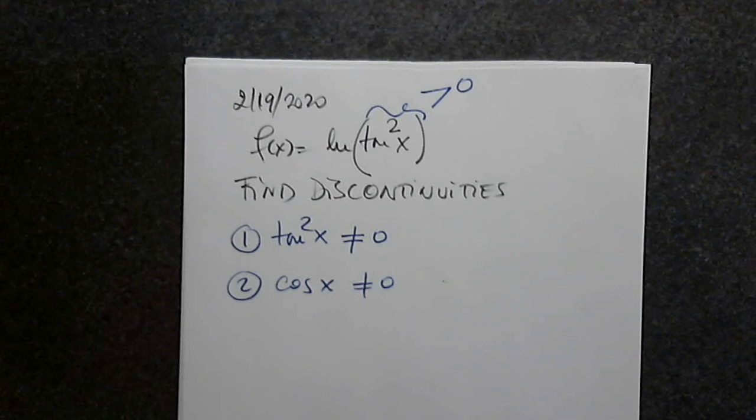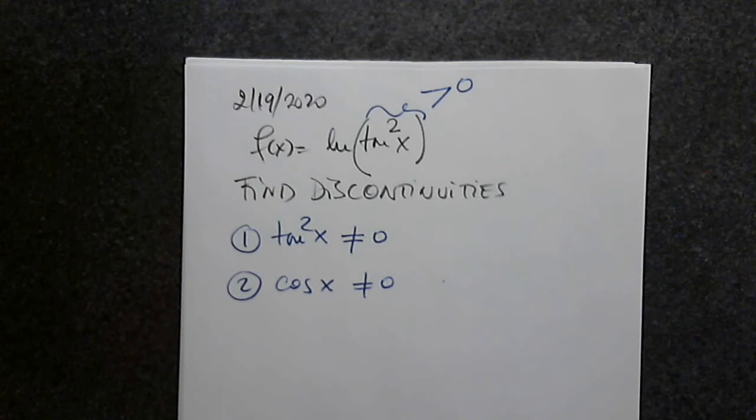So, first of all, I look at natural log, and I know that the quantity inside has to be a positive number. When I see tangent squared, I'm happy. But there is a problem, because tangent squared could be zero, number one. Number two, I look inside and I see tangent, and I say, oh no. Tangent could be undefined because it's a ratio of sine over cosine.